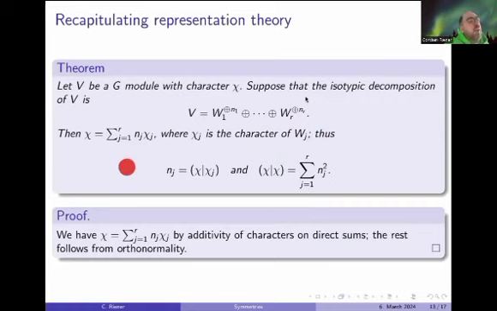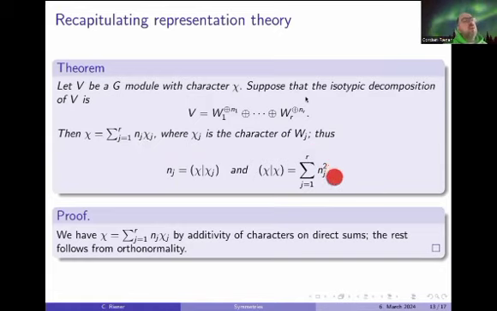The trace is very nice with direct sums of matrices. So obviously the character of this big representation will be just the sum of the irreducible characters times the multiplicity, how often they appear.